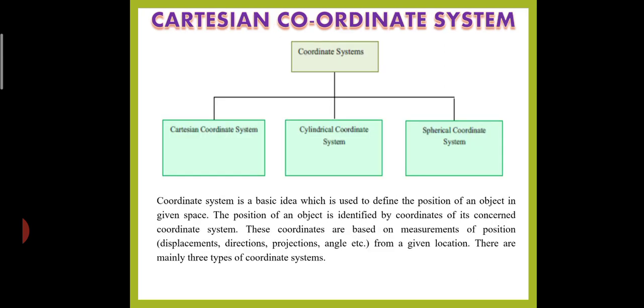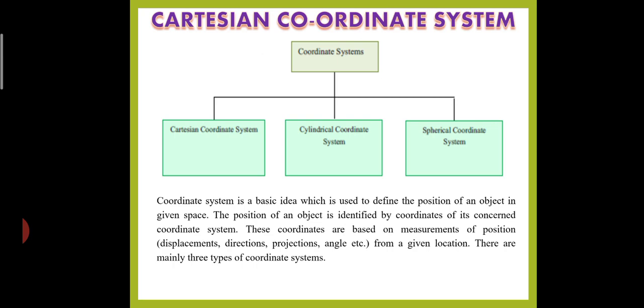Now, what is a Cartesian coordinate system? First, the classification of coordinate systems. First is the Cartesian coordinate system, second is the cylindrical coordinate system, and third is the spherical coordinate system. Now, what is a coordinate system?